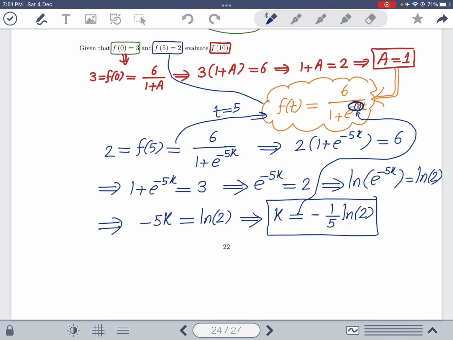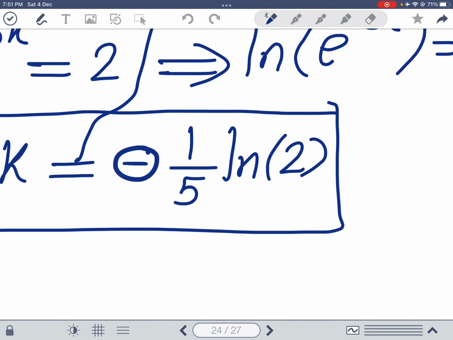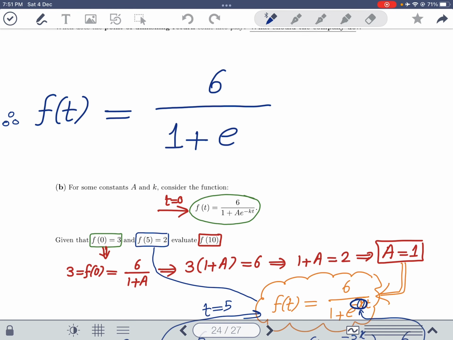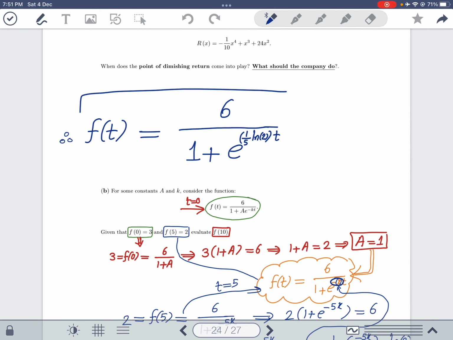And k has a minus already. So minus minus is plus, so it will be 1 over 5 ln 2 times t. So this is the constant times t. This is really our function now, and we can calculate anything from it now.